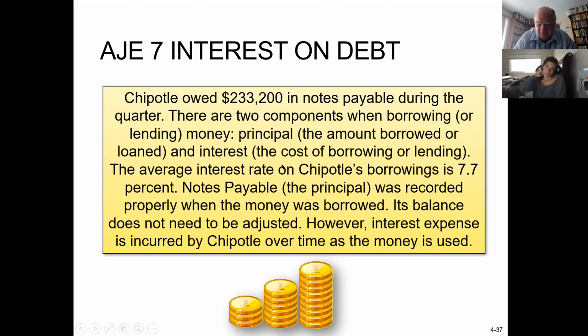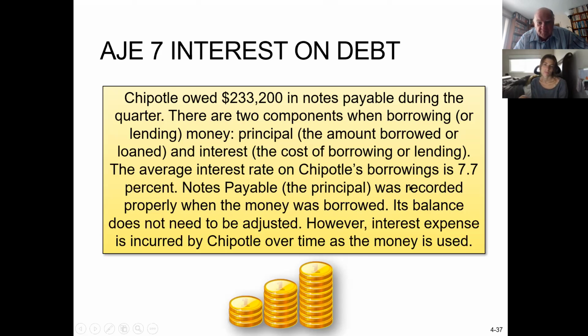Notes payable was recorded properly when the money was borrowed. Chipotle debited cash and credited notes payable for this amount, $233,200. So the principal note never gets adjusted. What gets adjusted is the interest expense.